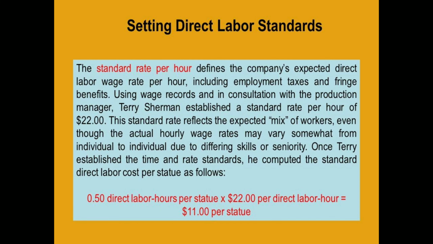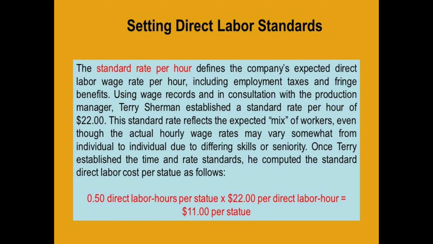The standard rate per hour defines the company's expected direct labor wage rate per hour, including employment taxes and even fringe benefits. Using wage records and in consultation with the production manager, Terry Sherman established a standard rate per hour of $22. The standard rate reflects the expected mix of workers, even though actual hourly wage rates may vary somewhat from individual to individual due to differing skills or seniority.